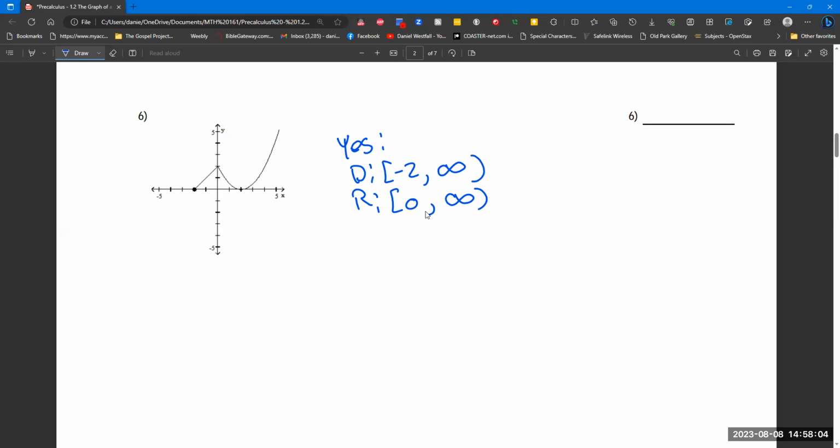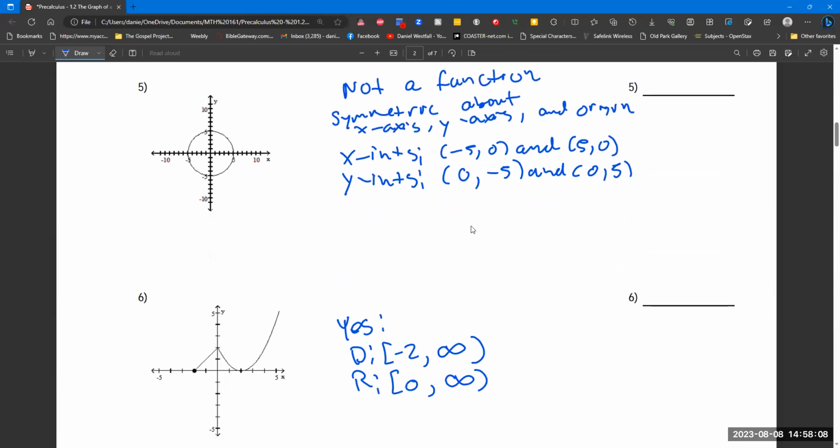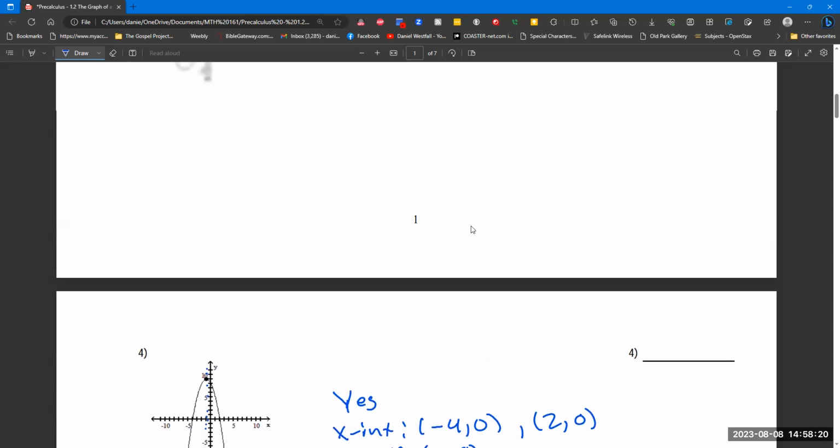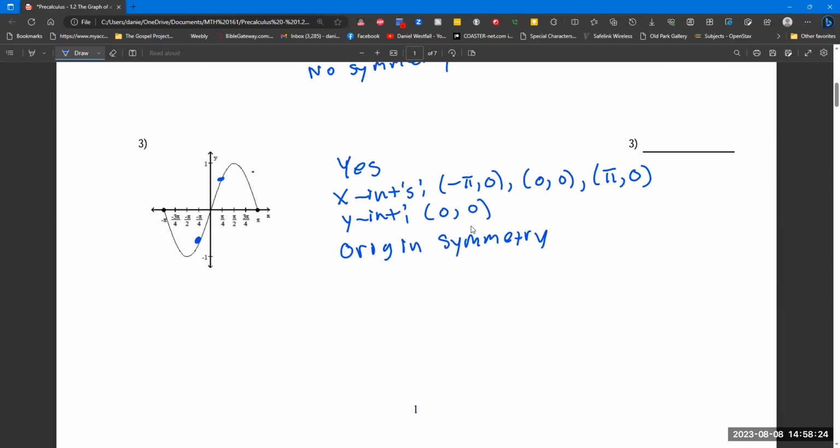And let's see here. I guess I can talk about domain and range of these things over here, even though they're relations. This goes from -5 to 5. And this also goes from -5 to 5. And this one, I didn't answer about domain and range. That one goes from -pi to pi.